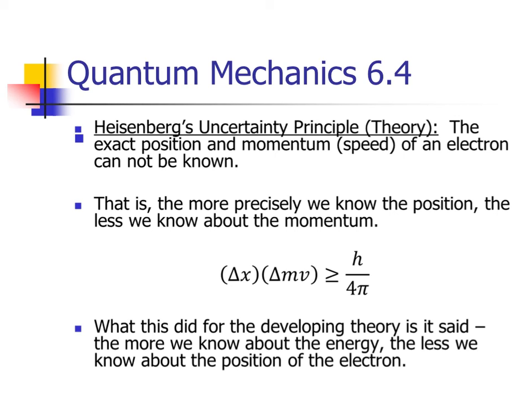So to find out one thing, you're actually changing what's going on. And so you're like, okay, let's find the speed of the electron. Well, then you're not going to know where it's at.